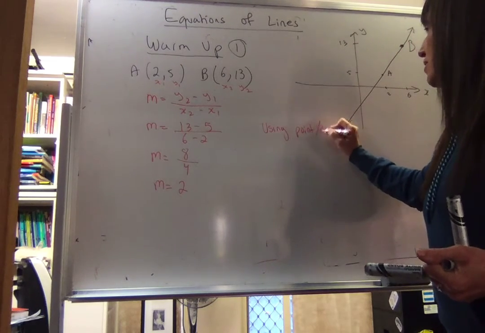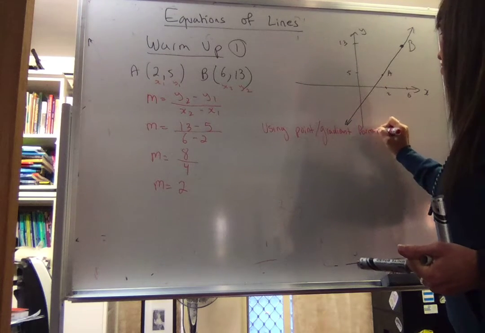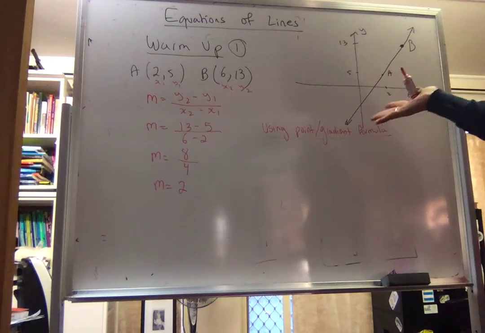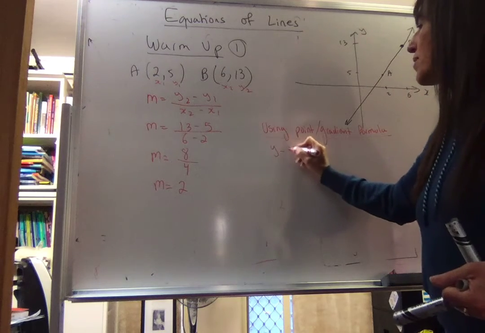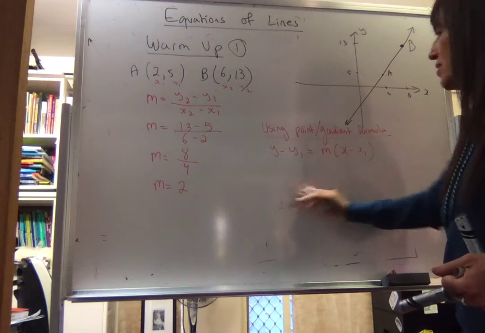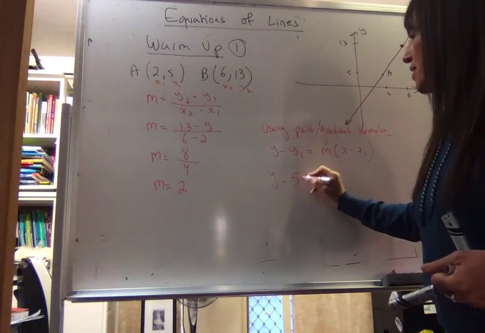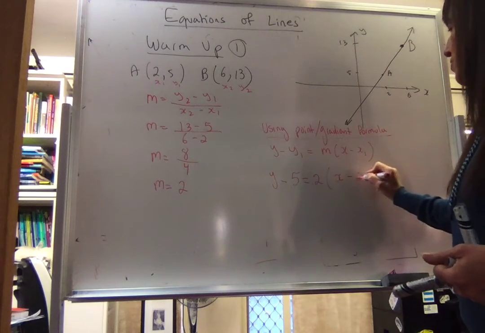All right, because now I have a gradient and a point. I actually have 2 points. I can choose either one of them. I'm going to stick with A. Okay, so y minus y1 is equal to m bracket x minus x1.